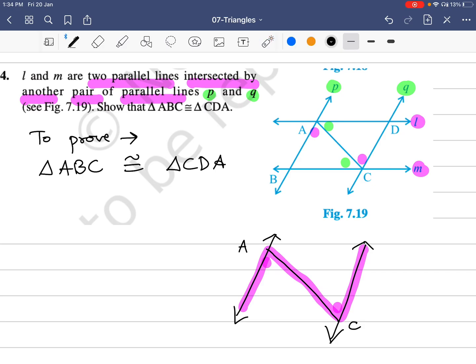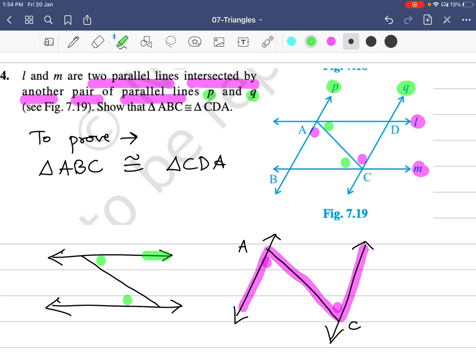If I consider parallel lines L and M, so this is my parallel line L, this is my parallel line M, and once again this is the intercept. So in this case, this is equal to this. So this is the intercept that I have to consider. So here the confusion might be because we have all the four parallel lines at one place and there is one common intercept.